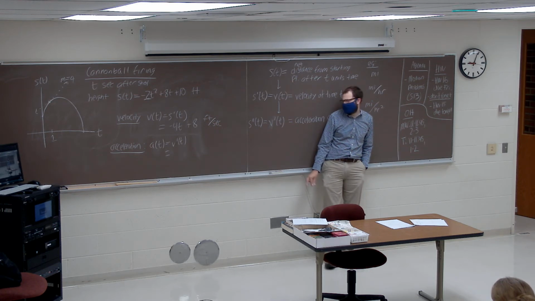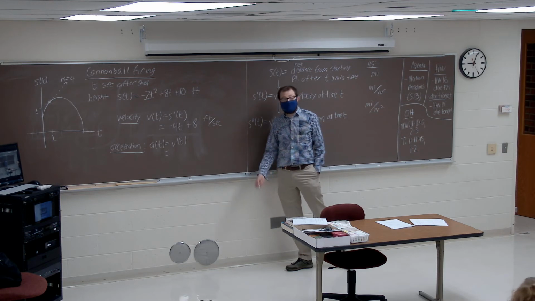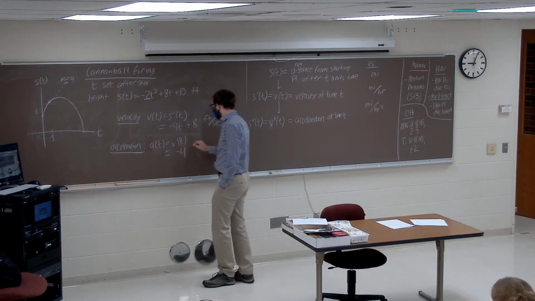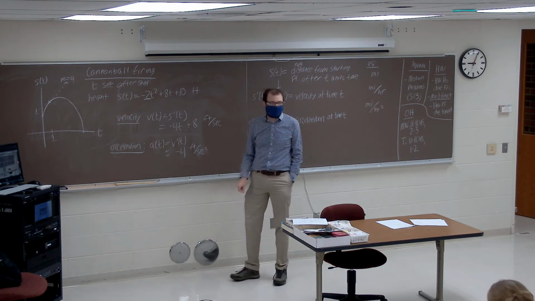What's going to be our derivative of negative 4t plus 8, Tyra? Negative 4 per second squared. Negative? Ooh, very good. I didn't even have to ask for the units. It's going to be negative 4 feet per second squared.